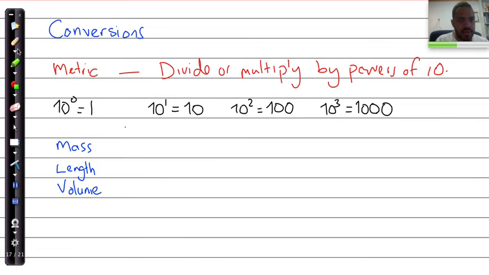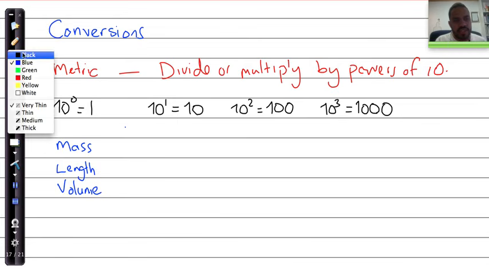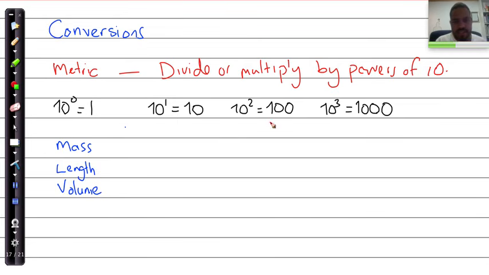When we talk about mass, let's talk about different units of mass. Let's start with the biggest one that we know: kilograms. Then we get grams, then centigrams, and then milligrams.